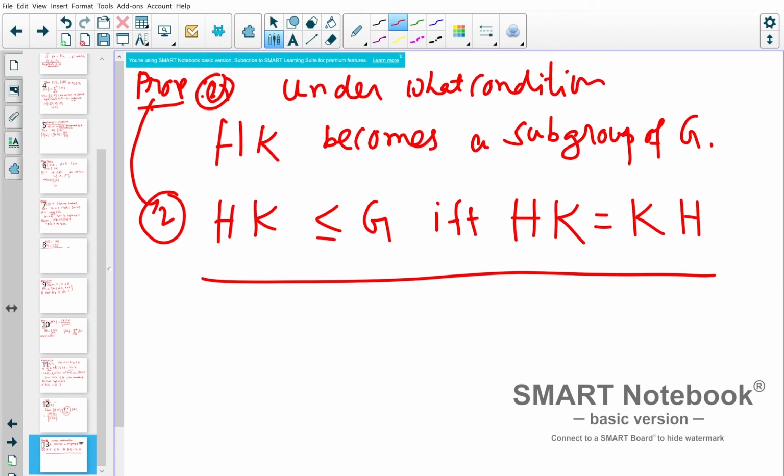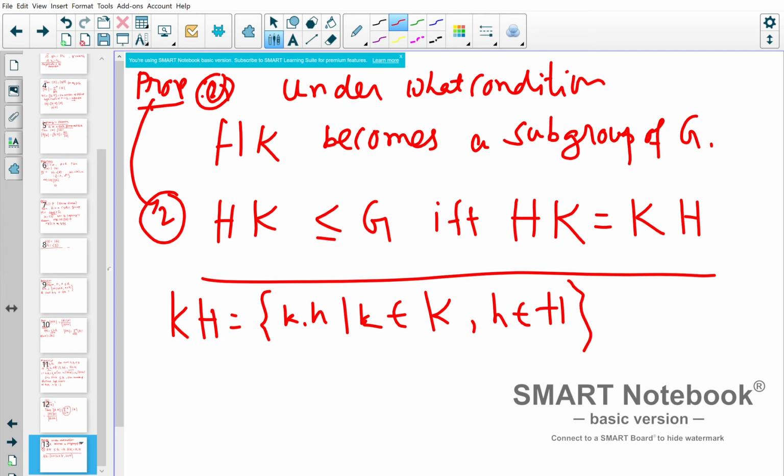KH is defined as the set of products of the form small k into small h, where small k belongs to capital K and small h belongs to capital H, right?